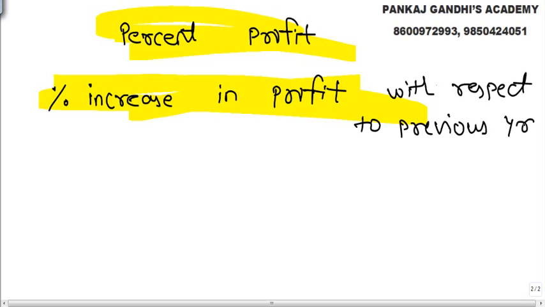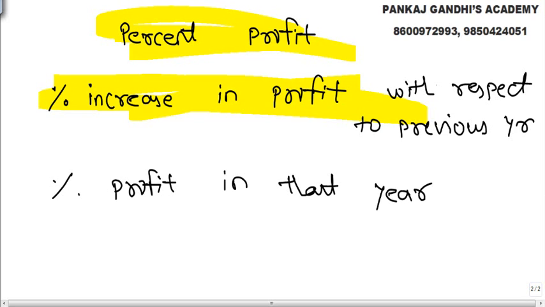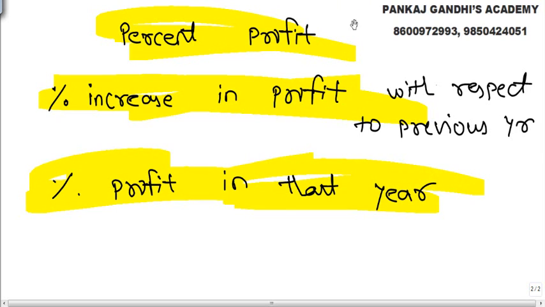And the other we are going to do is percentage profit in that particular year. A whole lot of difference, percent profit in that year.